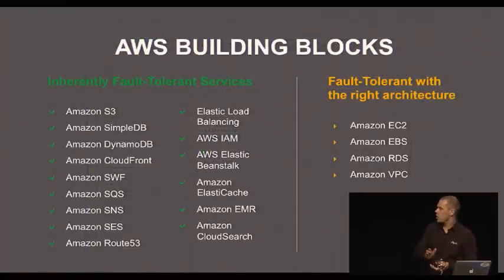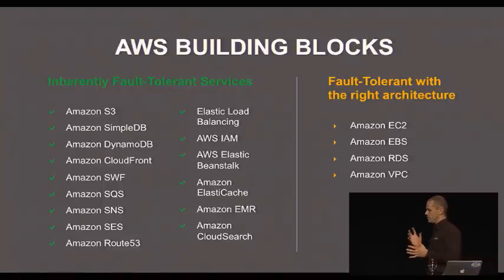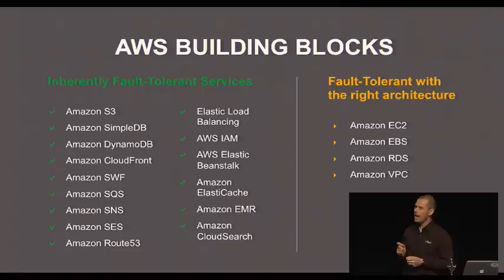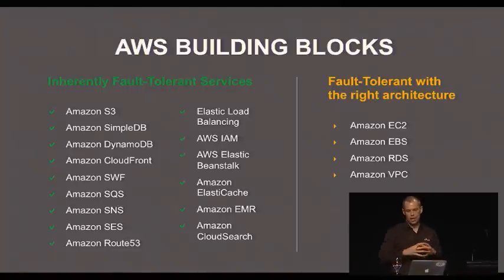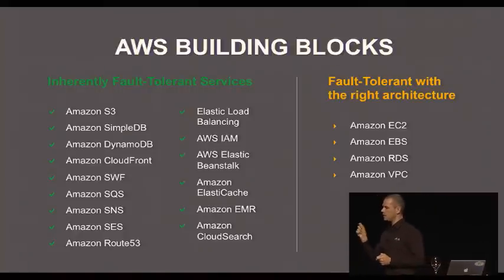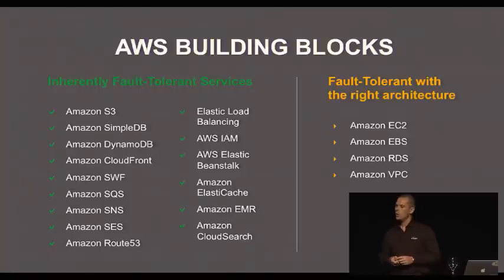So as was mentioned earlier, we have over 30 different services that we provide, and mostly they are inherently fault tolerant as services. However, you should be aware when architecting systems that for services like a single instance of EC2, that's a specific resource, we need to design for failure from that specific instance.